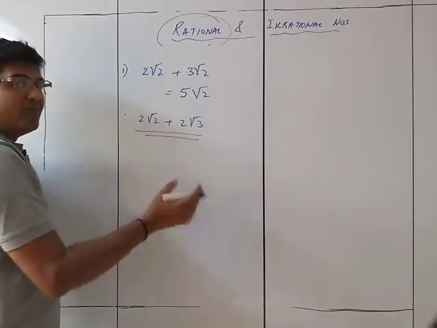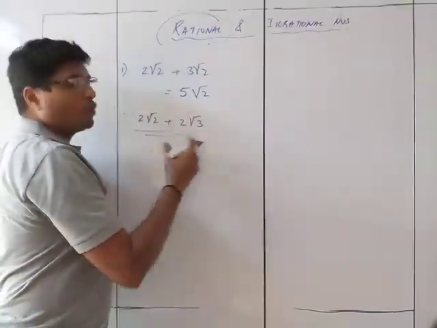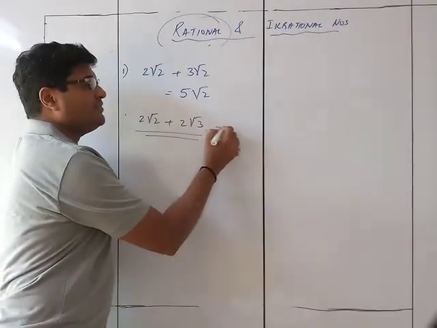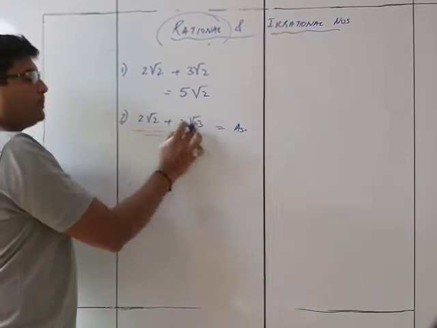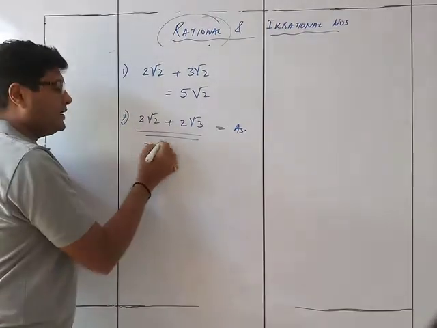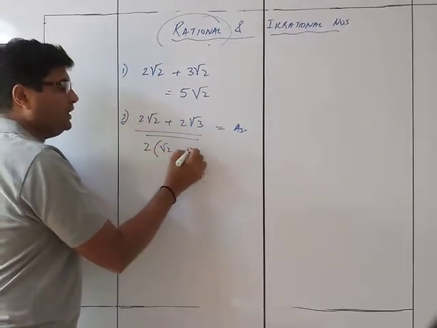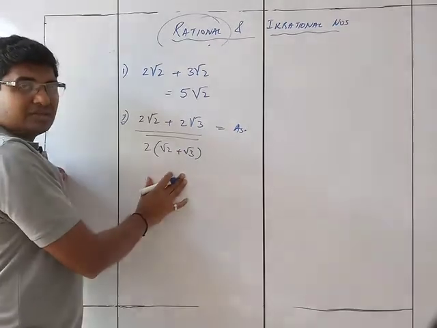There is no possibility of adding it up as 2 root or 4 root 5 and so on. So this itself is the answer. In this second one, it is not possible to have anything. You can always say 2 bracket root 2 plus root 3, but you cannot write anything further than this.